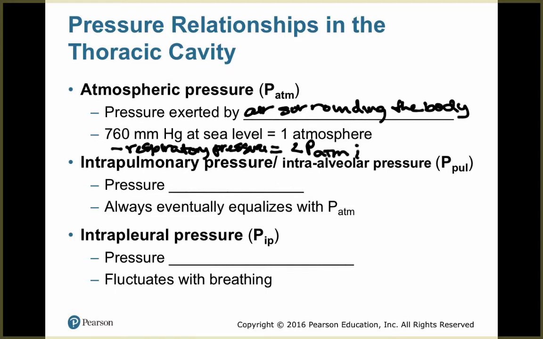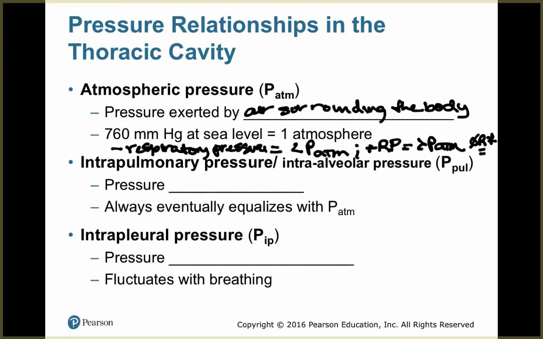If we're talking about a positive respiratory pressure, and I'm just going to put RP for that, then essentially we're talking about it being greater than PATM. And when we're talking about zero respiratory pressure, it means that the respiratory pressure is equal to the atmospheric pressure.